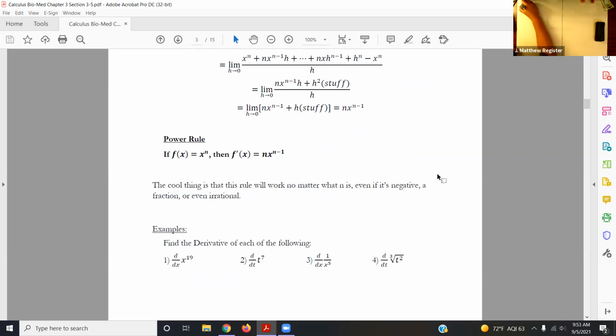So d dx, try them on your own real quick, and then we'll do them together. d dt of t to the 7th, d dx of 1 over x to the 5th, and d dt of the cube root of t squared.